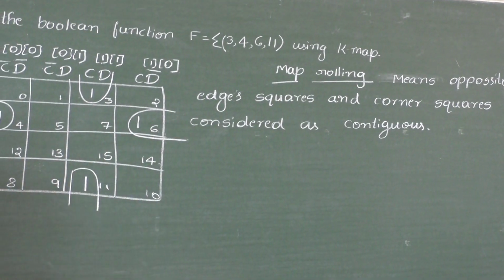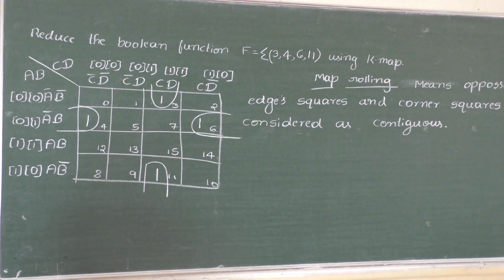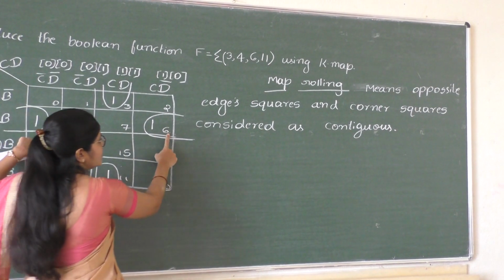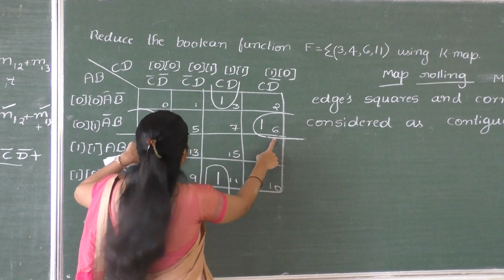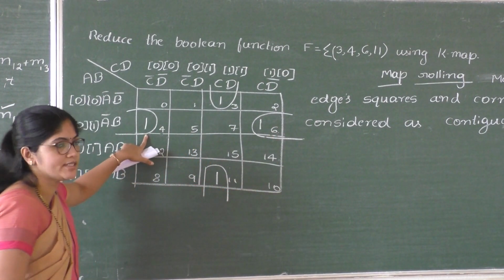Map rolling means opposite edges squares and corner squares considered as contiguous or adjacent. See, fourth square and sixth square are opposite to each other. So, ones in the fourth square and sixth square are considered as adjacent.